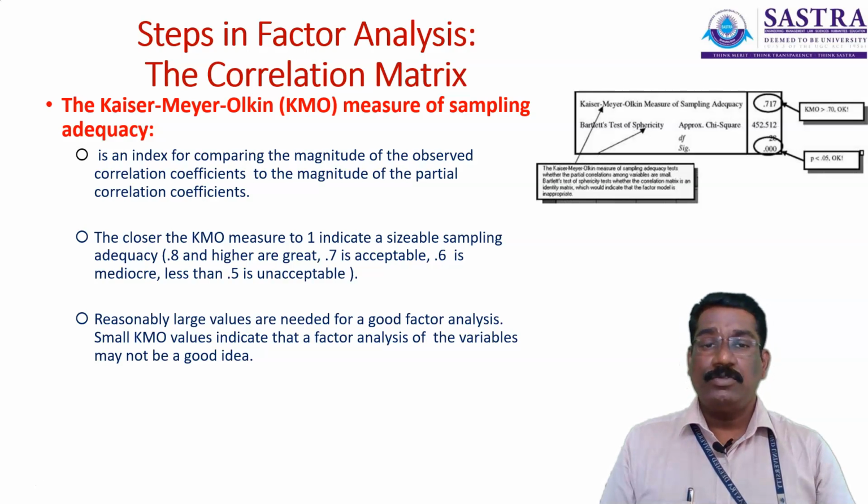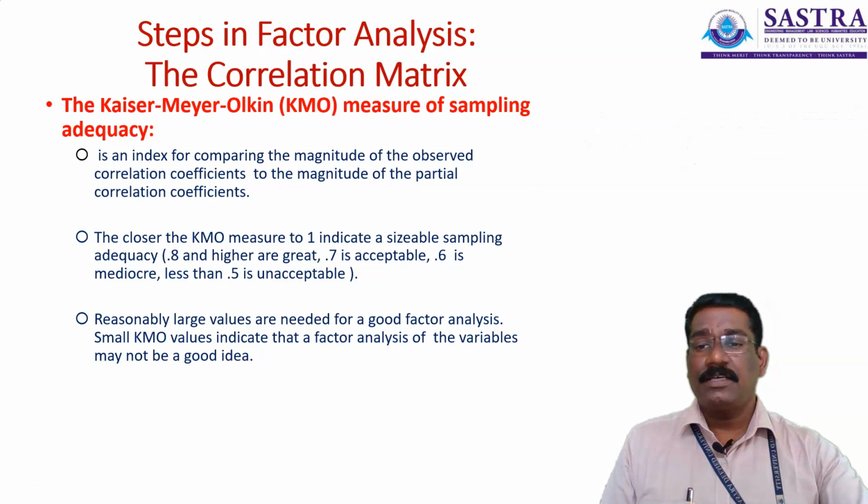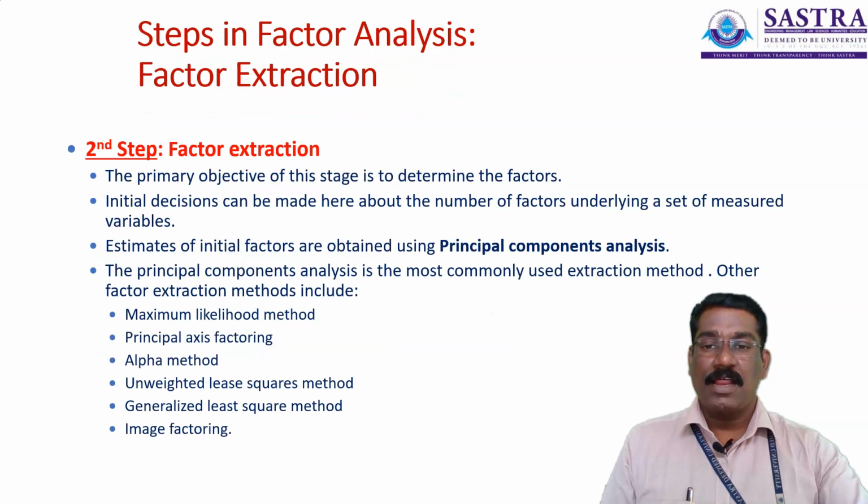Small KMO values indicate that a factor analysis of the variables may not be a good idea. So these two tests will give you a green signal whether to go for factor analysis or not by scrutinizing the data we have used for factor analysis.